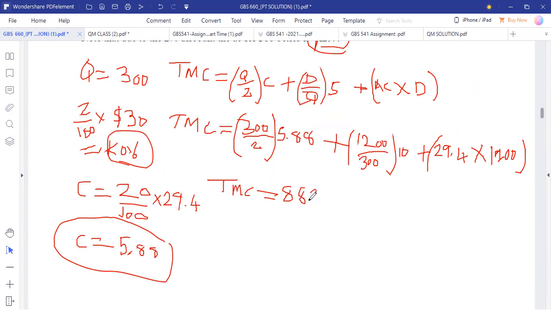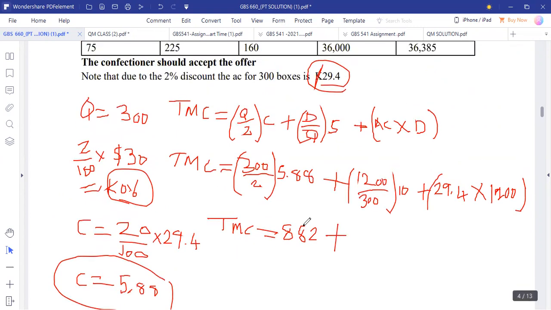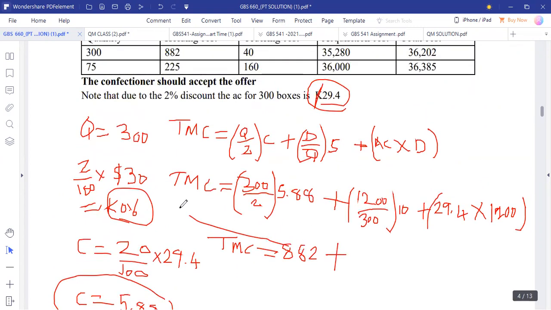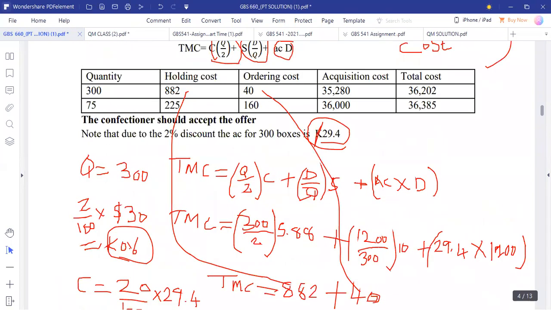Then plus the other one here, which is 1,200 divided by 300 multiplied by 10, which is 40, the ordering cost.